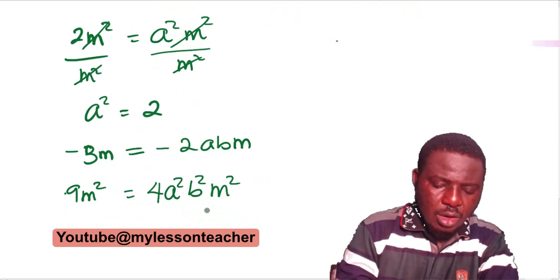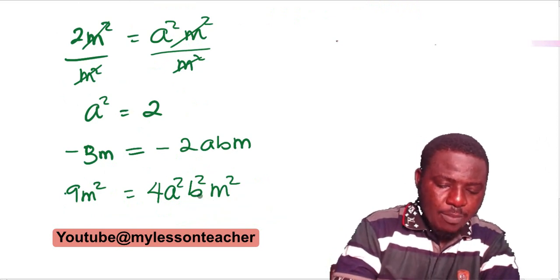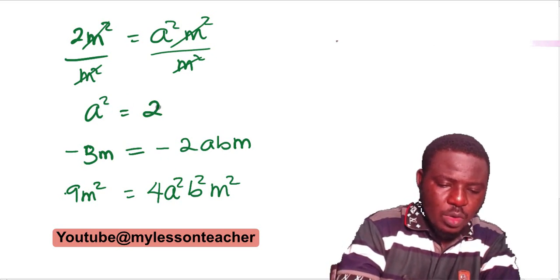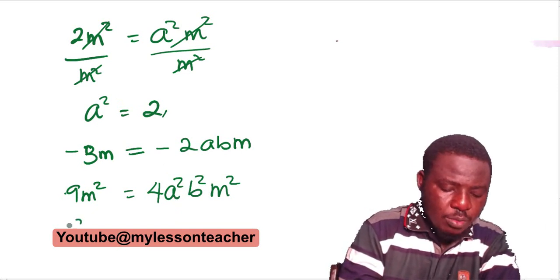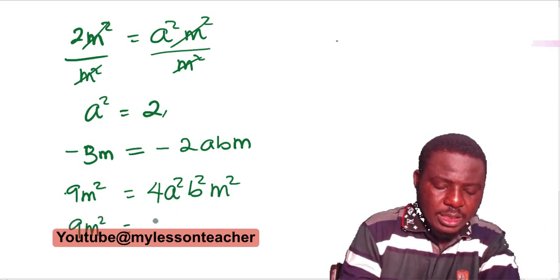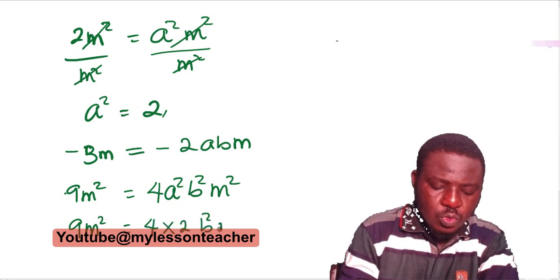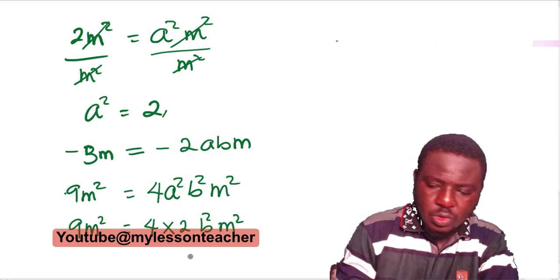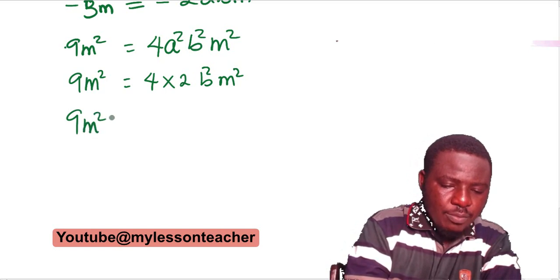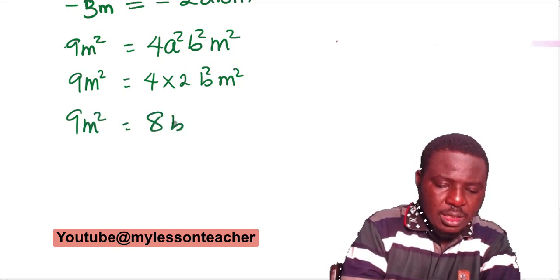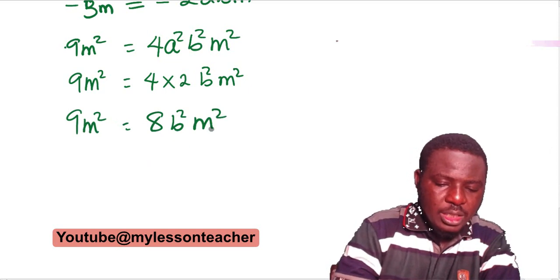So that you now divide both sides by a squared. Okay, I'm looking for b, so a squared now becomes 2. So substitute 2 for a squared. This becomes 9m squared is equal to 4 times 2b squared m squared, so that this becomes 9m squared is equal to 8b squared m squared.